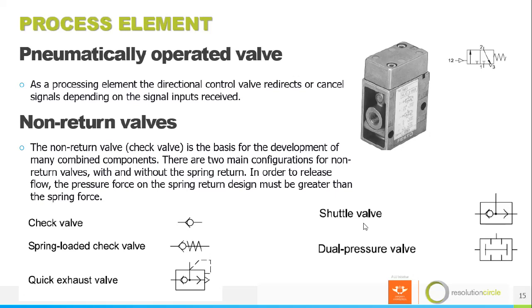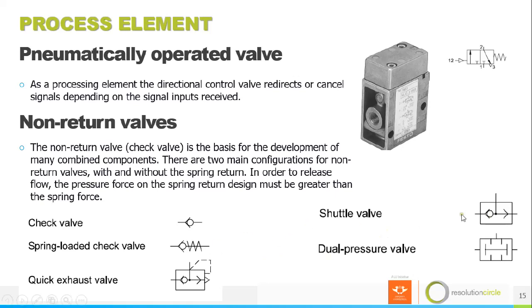The shuttle valve has the characteristics of an OR function, whereby at least 1 of the 2 inputs is required to generate an output at port 2 of the valve. And in the case of the dual pressure valve, the characteristic is of an AND, whereby both inputs, 1 and 1, are required to initiate an output 2.